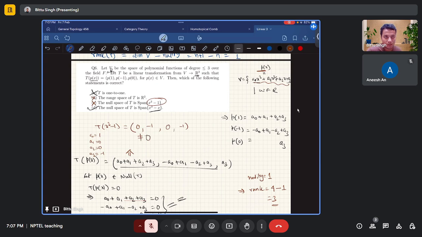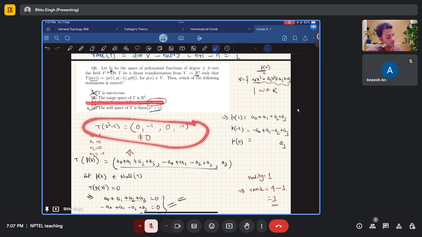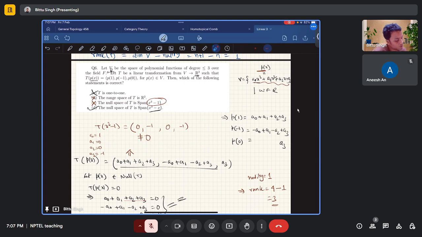So this cannot be an answer. Again, without solving, we can see that those two options are not possible, because direct application shows the impossibility of these options. And also T is not 1 to 1.